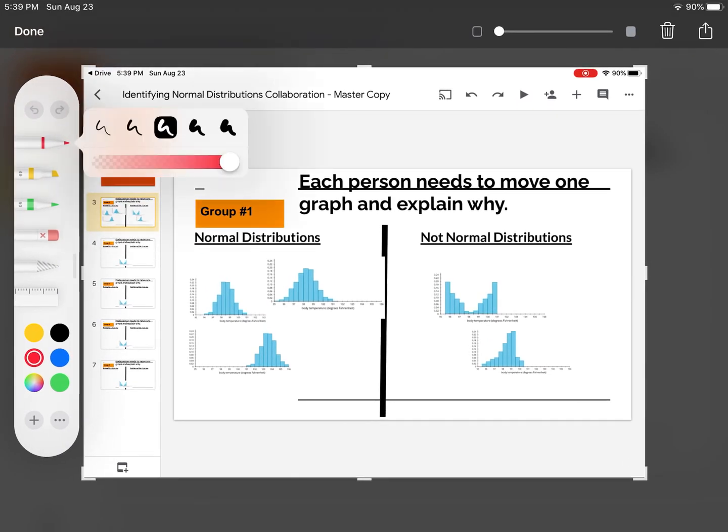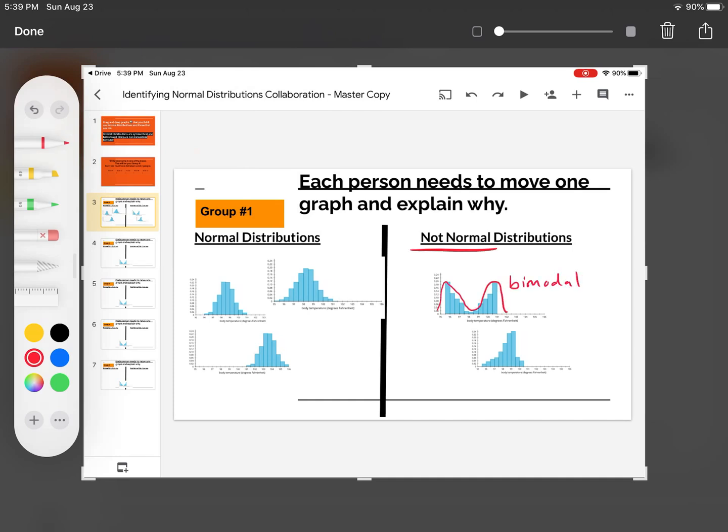Again, just to emphasize, this is bimodal, which means it's not normal. This is skewed left, since most of the data is on the right.